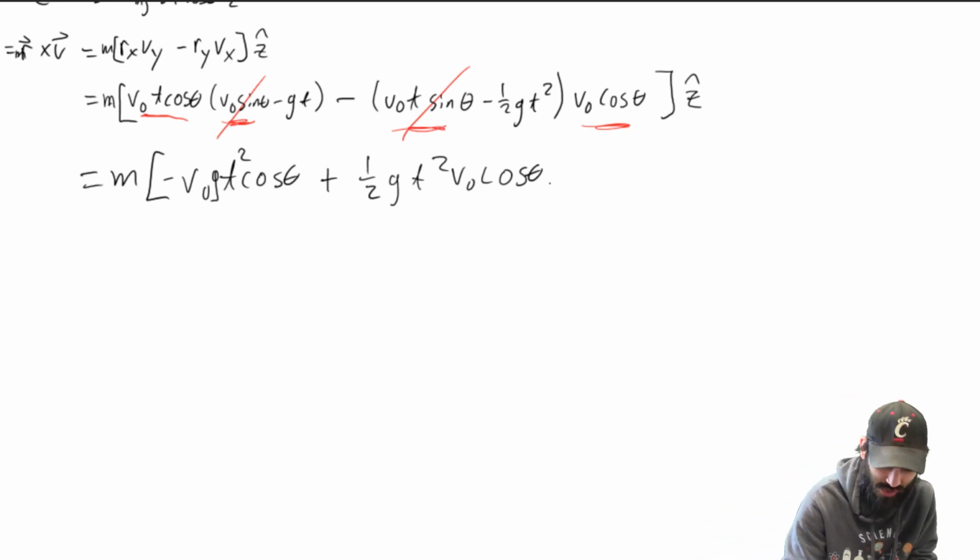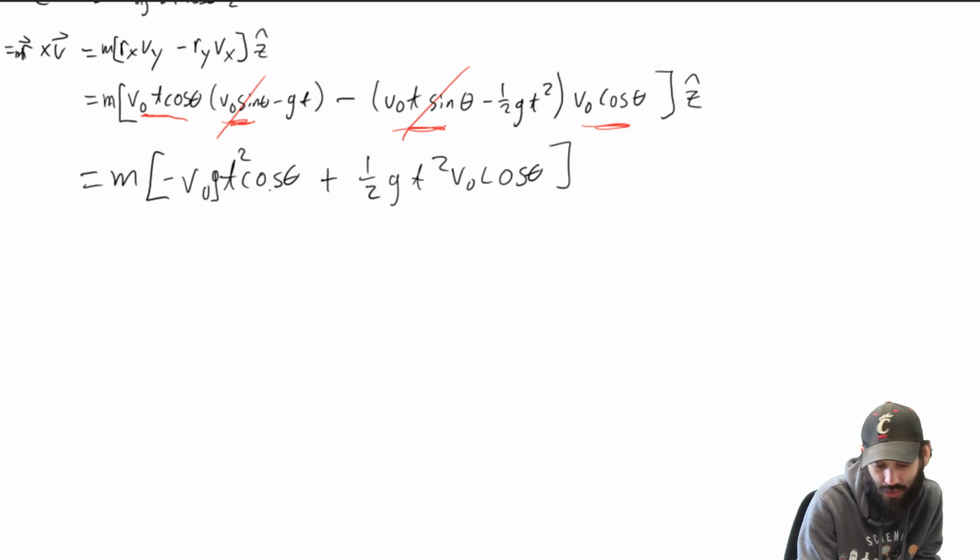So I lost that last line. That's fine. What we had was these two terms can be added together, or you could factor out v0 g t squared cosine of theta from each one.